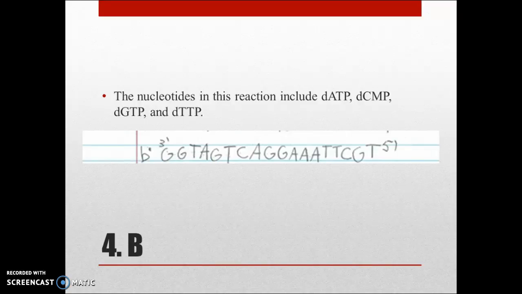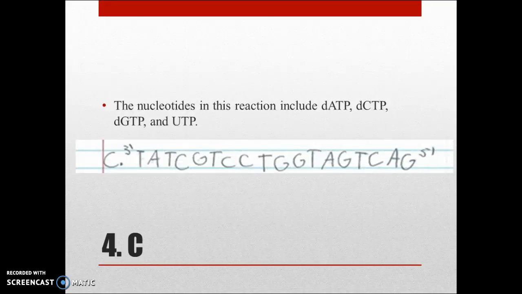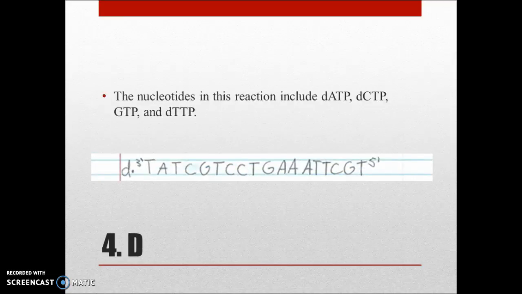And there's the following strand. For C, the nucleotides in this reaction include dATP, dCTP, dGTP, and UTP. And this is the following strand. And then for D, the nucleotides in this reaction include dATP, dCTP, GTP, and dTTP. And there's the following strand.